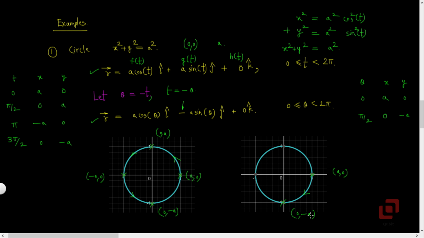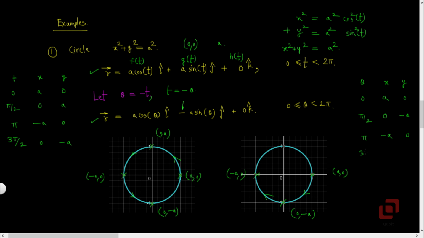Currently we are at the point 0 comma minus a. If theta takes the value pi, then x will be a into minus 1, so minus a, and y will be 0. So from 0 comma minus a, we move to the point minus a comma 0 in this orientation.